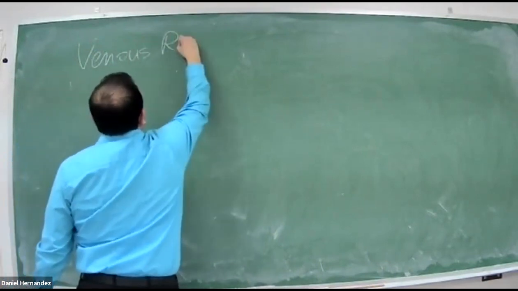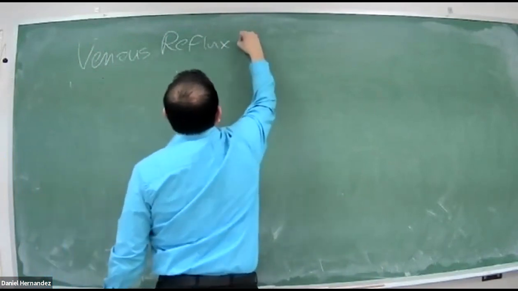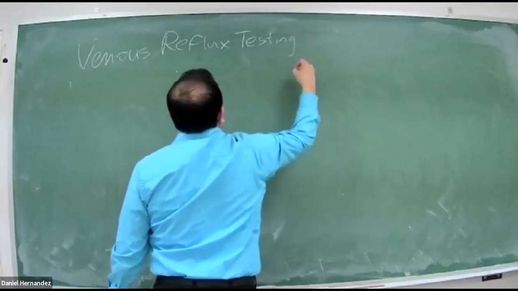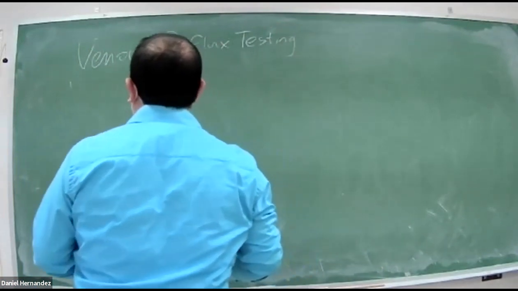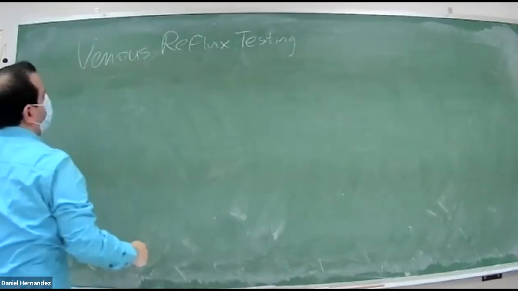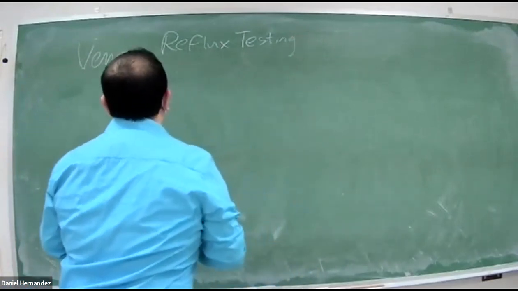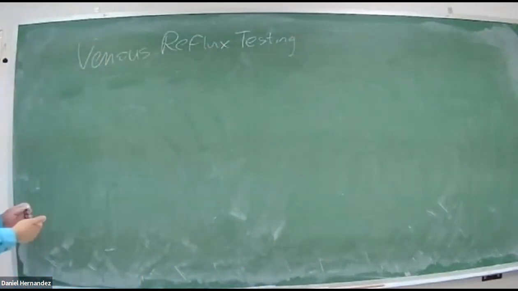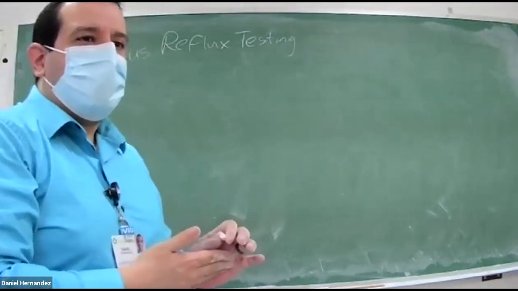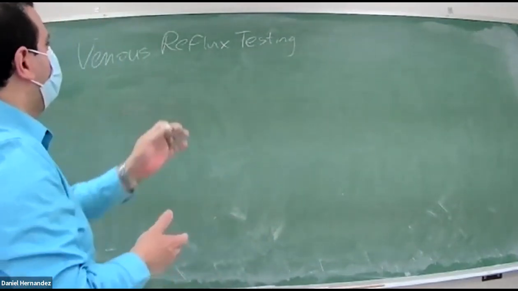Venous reflux. And we have venous reflux testing. So we're testing the competency of the valves, and we want to make sure that the valves are competent. We don't want to have incompetent valves.